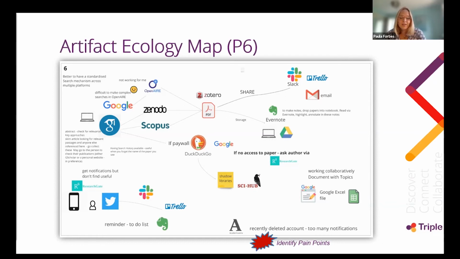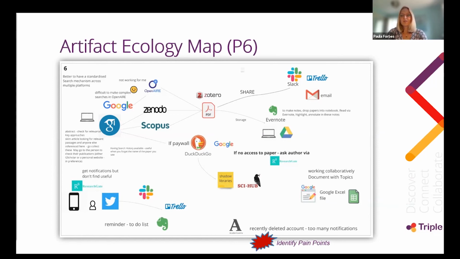They found that the notifications they were getting from ResearchGate weren't particularly helpful. Another one: the same participant had actually deleted their account from Academia because of the overload of information they were getting from this platform. So we felt this was quite a rich overview of the things that were going on during this discovery process.